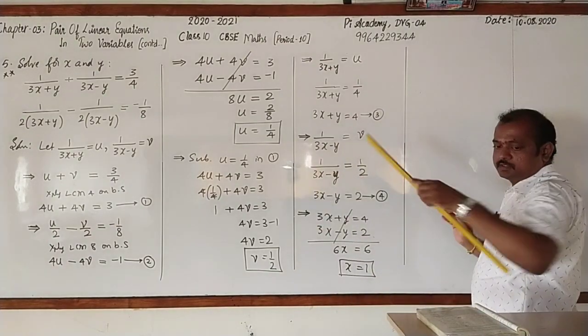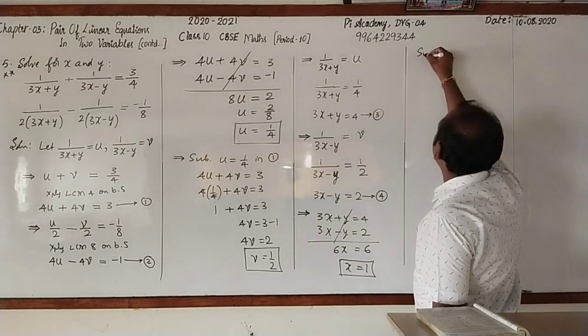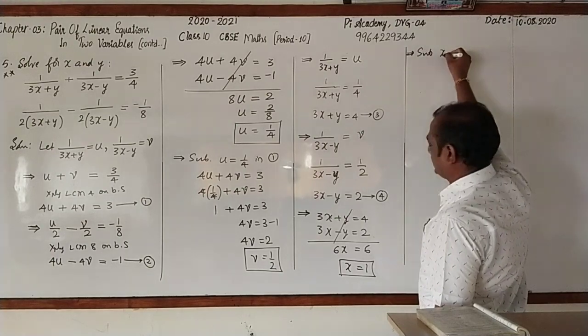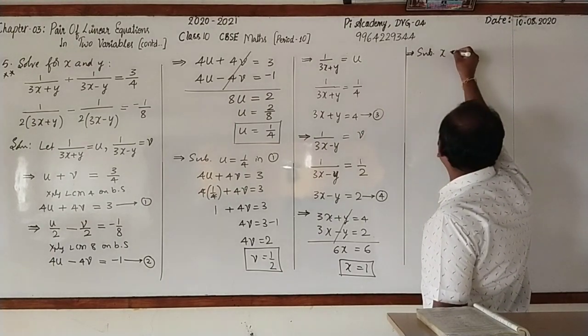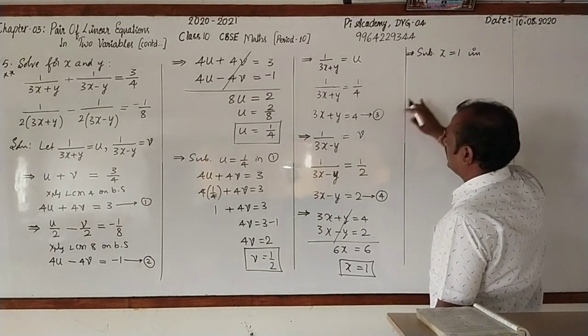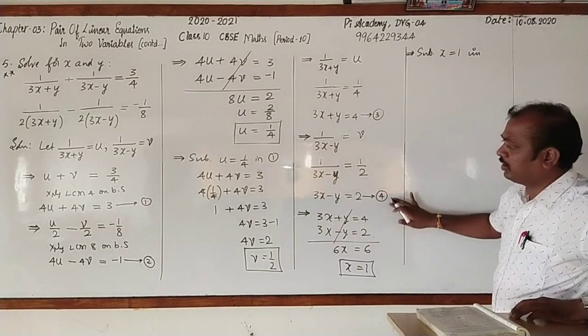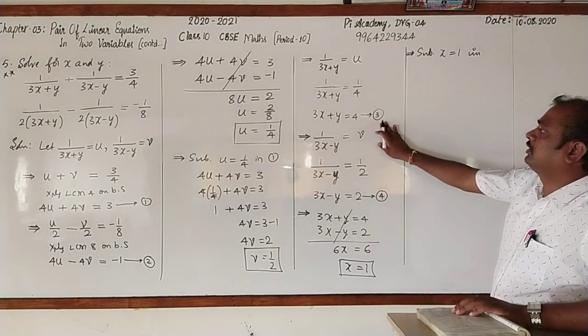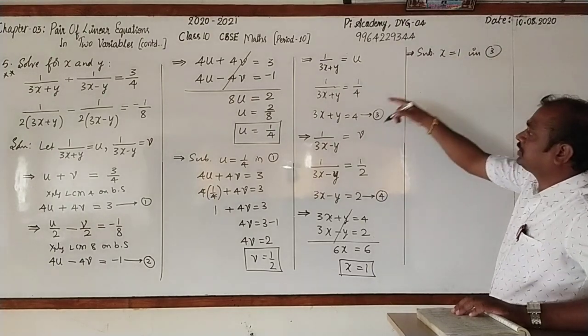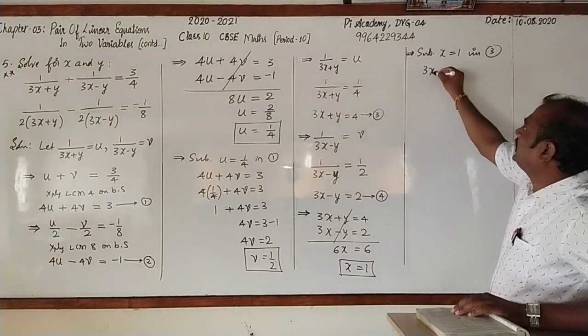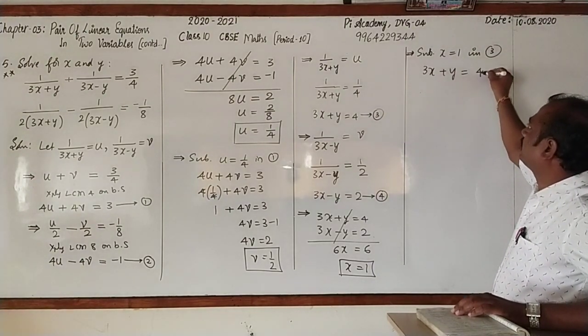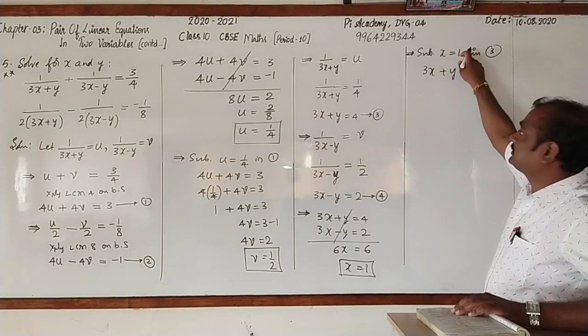Now, let's go for finding the value of y. Substitute the value of x, that is x equal to 1, in either equation 3 or 4. Which one will you go for? I will take equation 3, where equation 3 is 3x plus y equal to 4. What is x? It is 1.